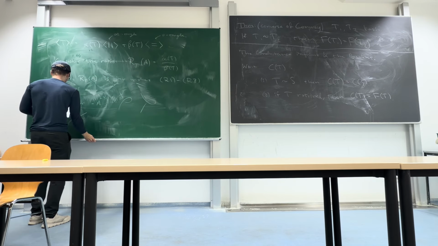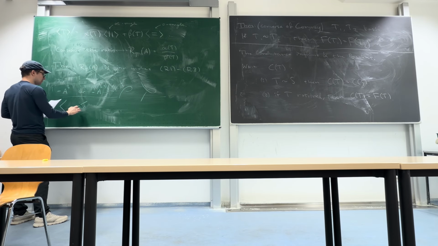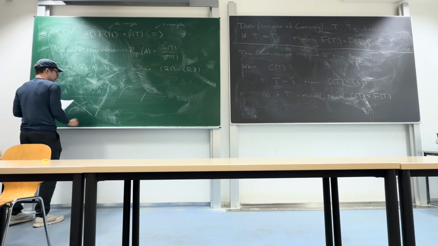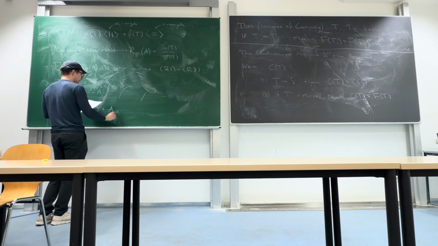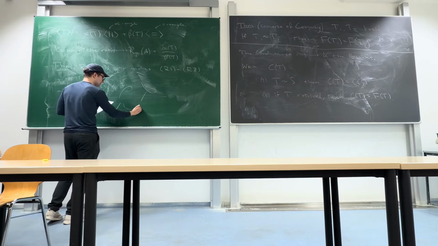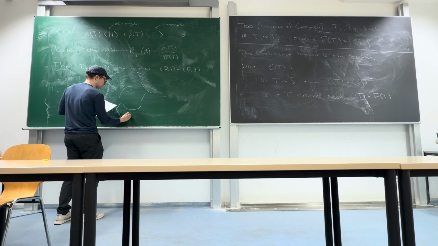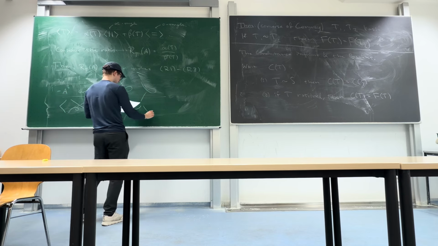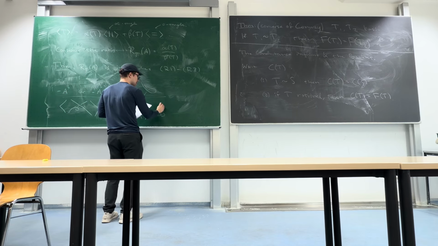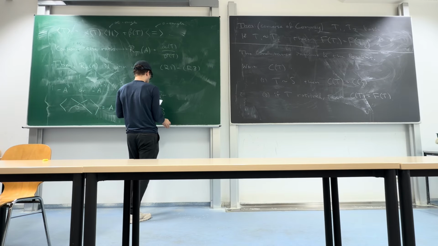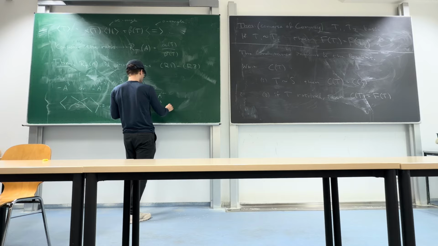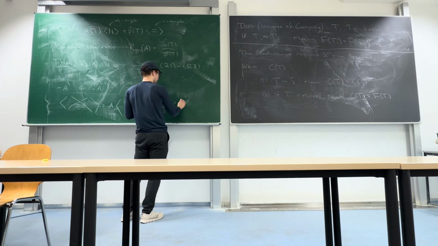So let's do an instructive example. Here's a formal computation of a Kauffman bracket. A times this resolved as follows, plus B, where we just use B for A inverse, times the Kauffman bracket of this instead.